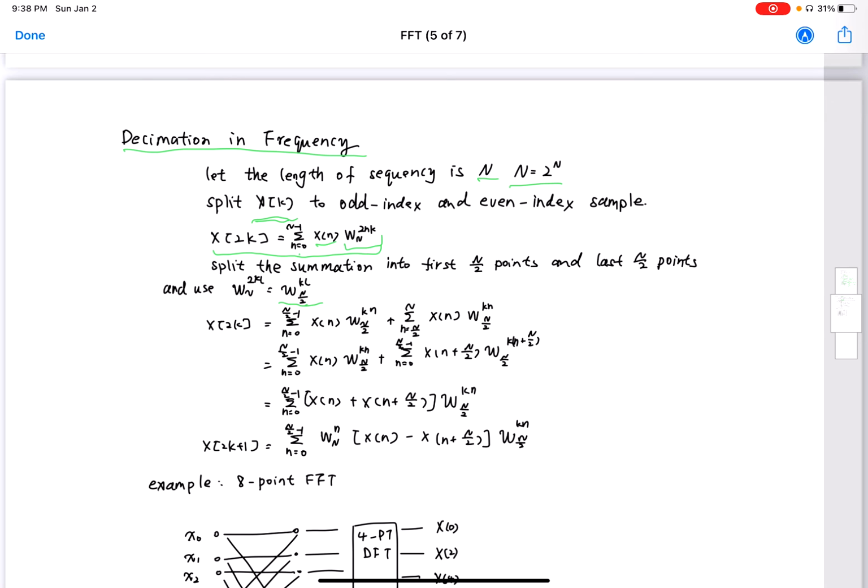So we can rewrite X[2k] equals the summation of n from 0 to N minus 1.